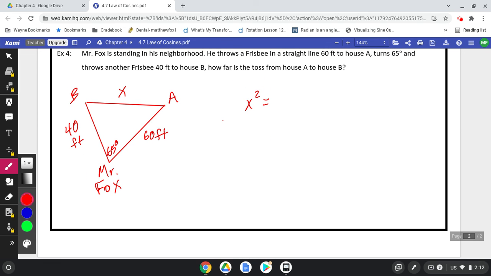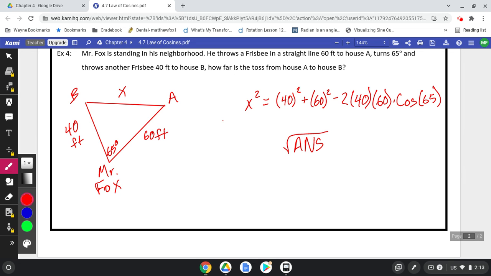So 40 squared plus 60 squared minus 2 times 40 times 60 times the cosine of 65. Don't forget though, whatever we get, we'll have to take the square root of that answer to find what x equals.